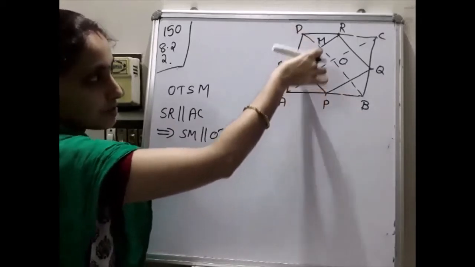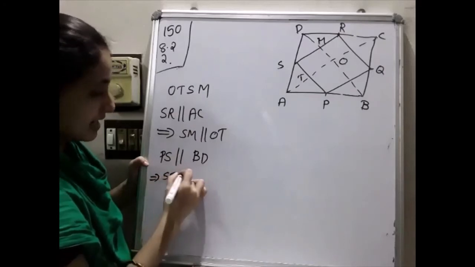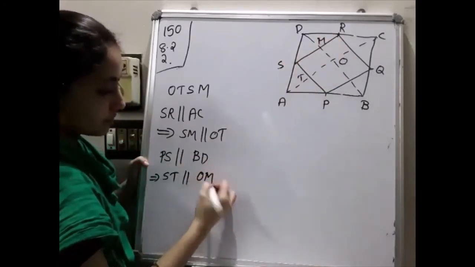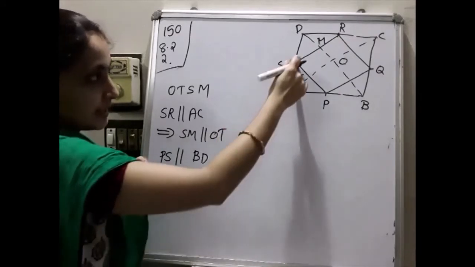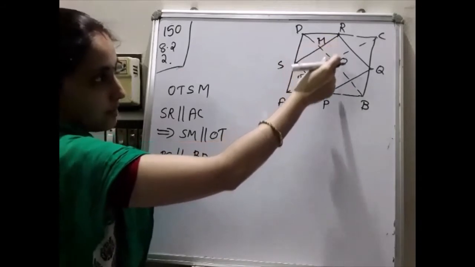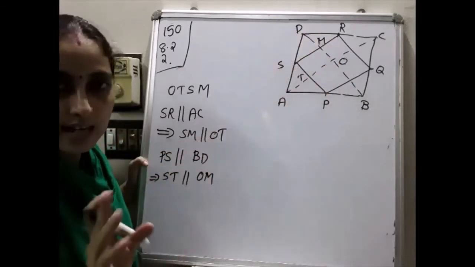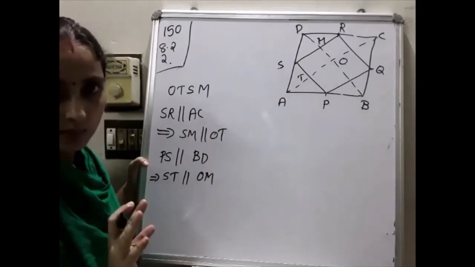That means this portion also is parallel, which implies ST is parallel to OM. From these two equations, ST is parallel to OM and OT is parallel to SM. That means both pairs of sides are parallel. So can you name that? That is a parallelogram. Clear?